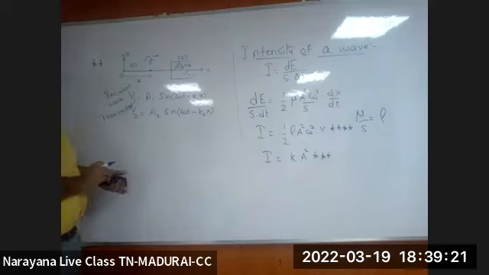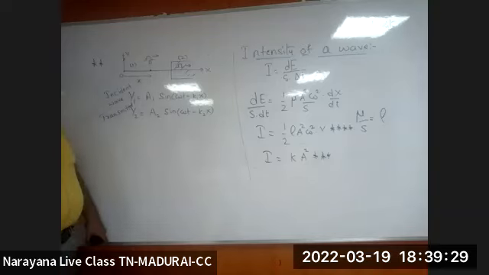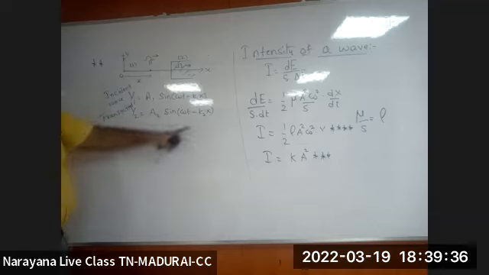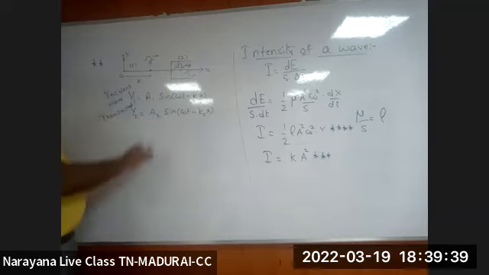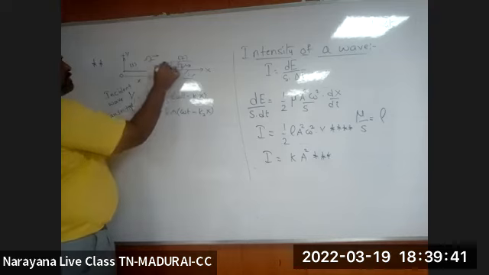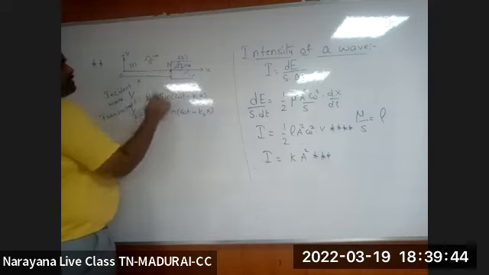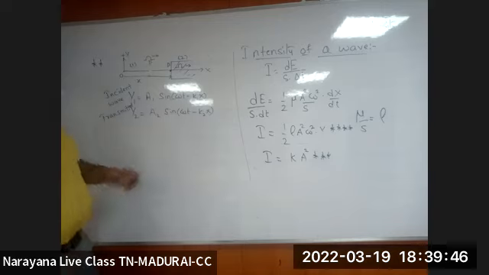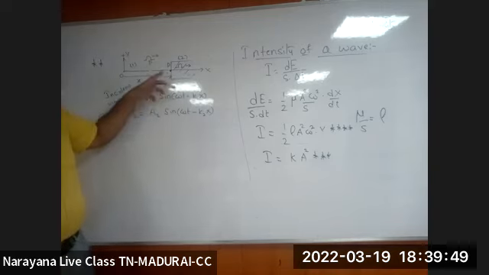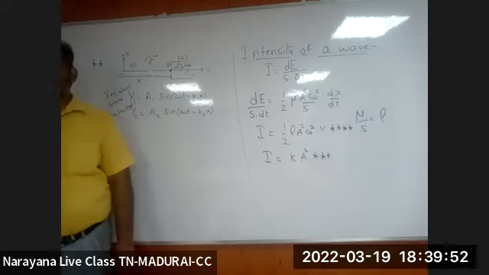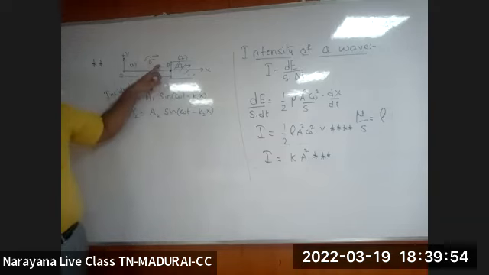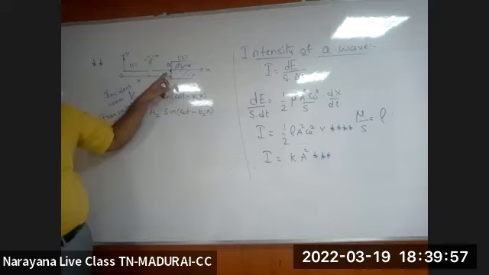Next one. Some wave will be bounced back, no? Here I have made one mistake, whether you noticed or not. We have to take the same point x only, so I will shift this point P here. Why, sir? Because at this point P we are going to investigate the interference between the incident wave, transmitted wave, and reflected wave.